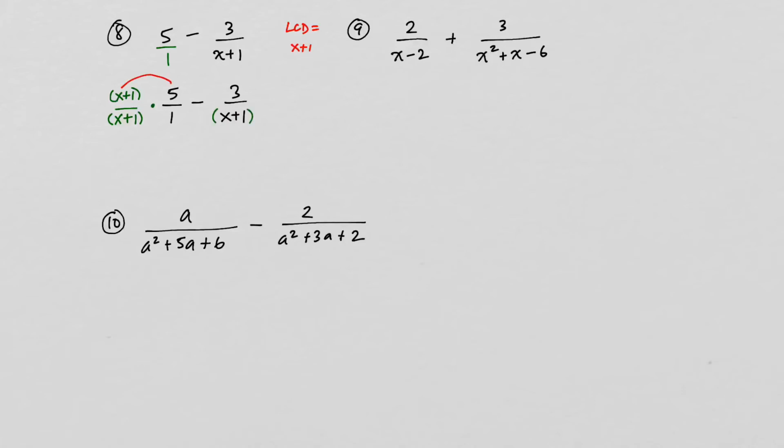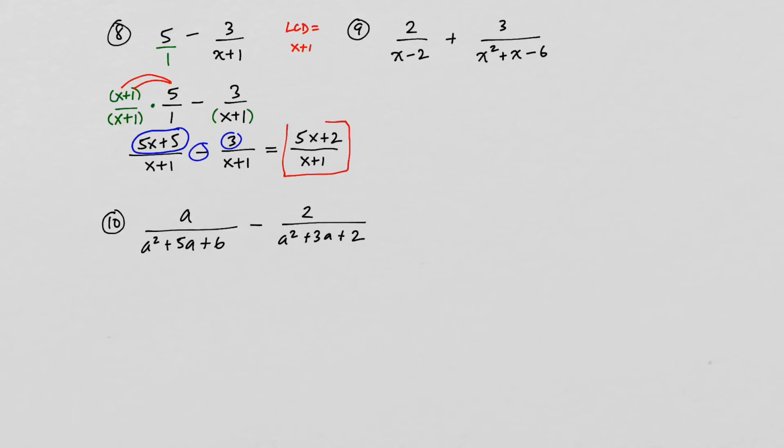So then we distribute, which gives us (5x + 5) over (x + 1) minus 3 over (x + 1). Now we have a common denominator, and all we have to do is subtract: 5x plus 5 minus 3, which gives us 5x plus 2.